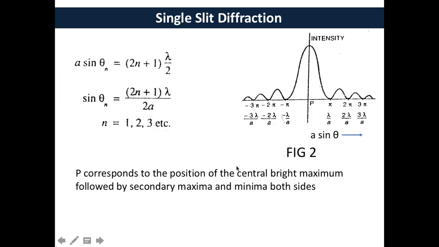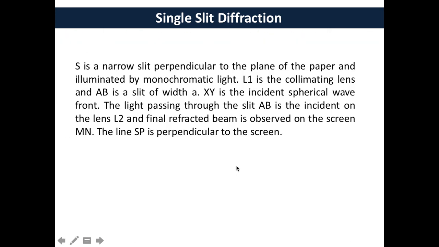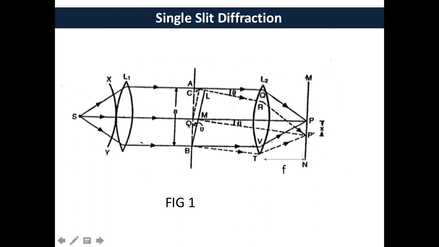So for this point P, theta is equal to 0, alpha is equal to 0, the term sine square alpha upon alpha square is 1, so I is equal to I0. So this is the maximum intensity point. Okay, central maximum condition.